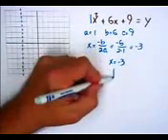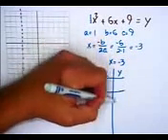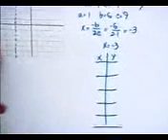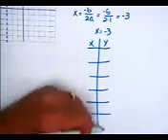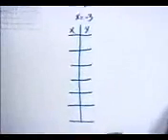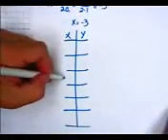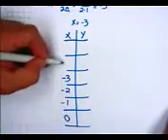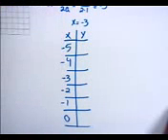Now we need to find some more points. 1, 2, 3, 4, 5, 6 points. We're going to start with negative 3, negative 2, negative 1, 0, negative 4, negative 5.